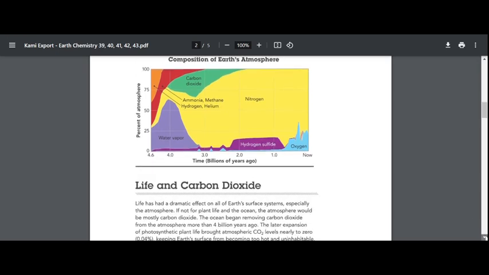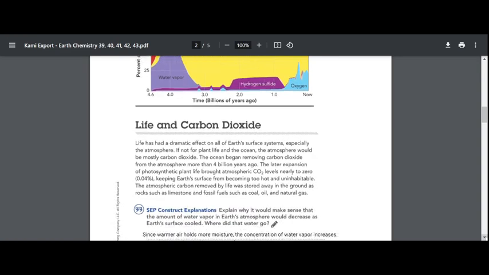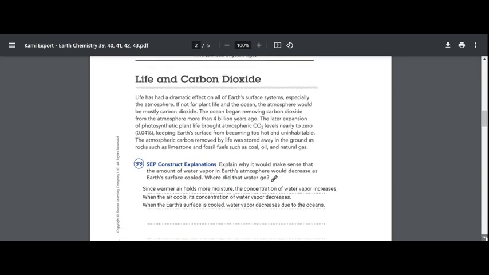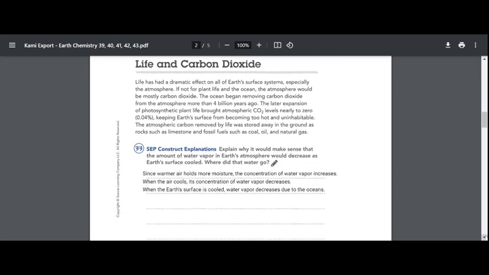So life and carbon dioxide. Life has had a dramatic effect on all of Earth's surface systems, especially the atmosphere. If not for plant life and the ocean, the atmosphere would be mostly carbon dioxide. The ocean began removing carbon dioxide from the atmosphere more than 4 billion years ago.